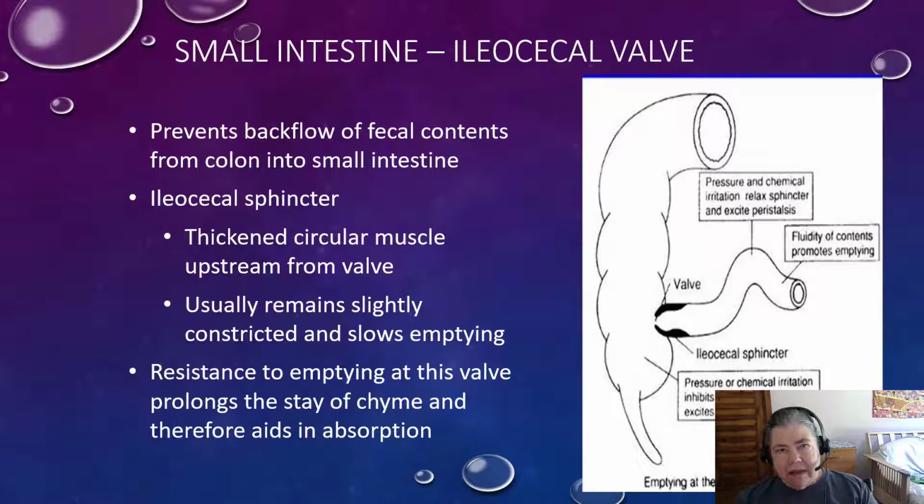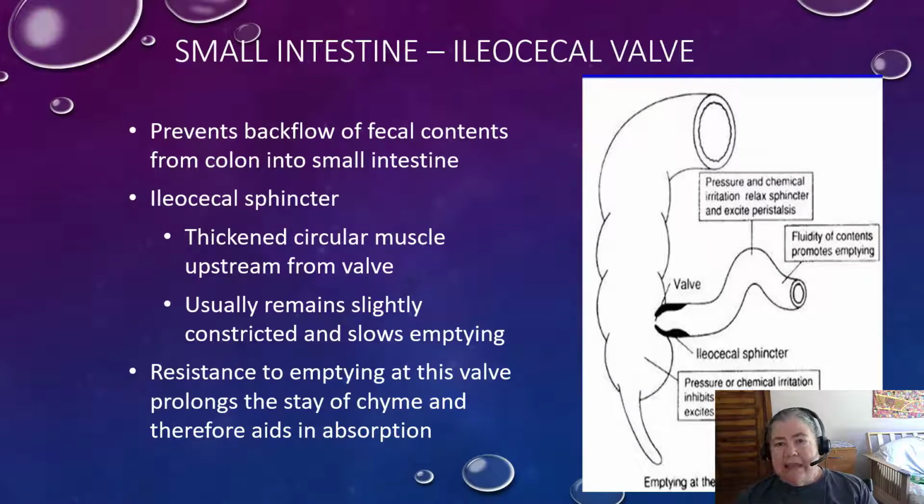Once the material, the chyme, has been fully digested and the nutrients absorbed, it reaches the ileocecal valve. The ileocecal valve is important for preventing the backflow of the bacterial-rich fecal contents into the small intestine.